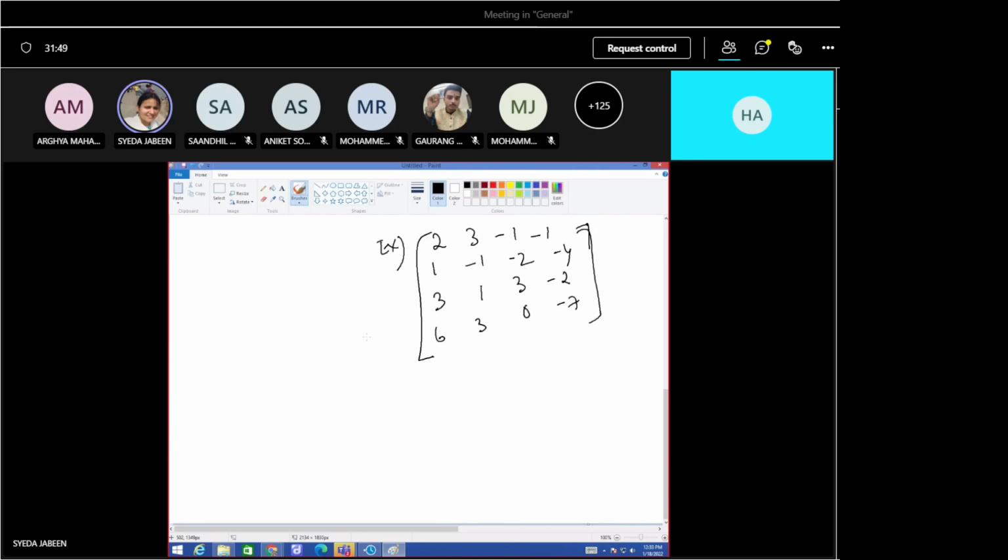Rank of the matrix will be 2. So by which method are you doing it?